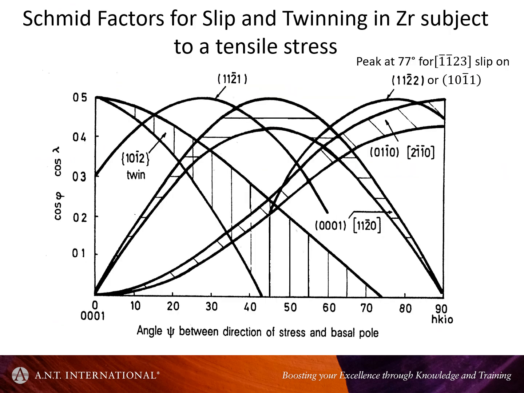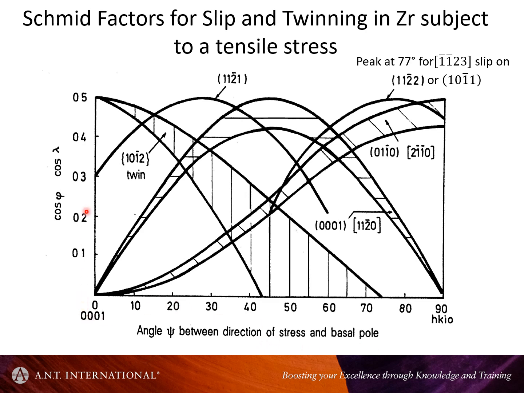So finally, what does this mean? Ultimately, we have different deformation processes that can occur depending on the angle between the direction of stress, in this case a simple tensile axis, and the basal pole.